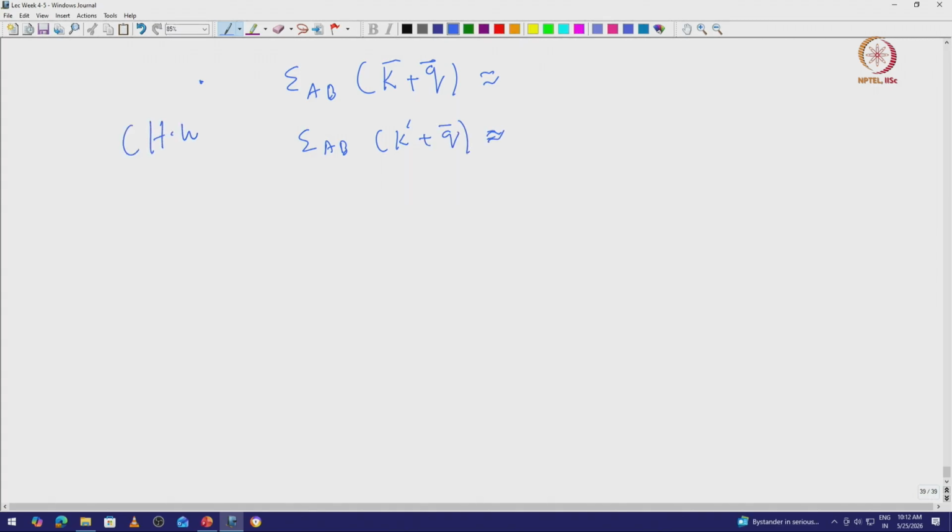I will give it as homework: you do it first the tight binding way, and then we look into the Taylor expansion way. Obviously the first term, I didn't write, goes to 0, and you will have a similar term. This is the velocity.